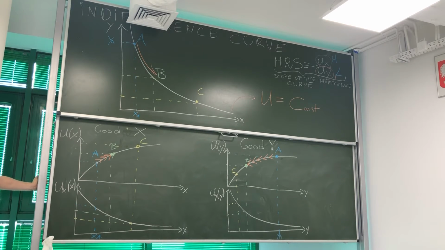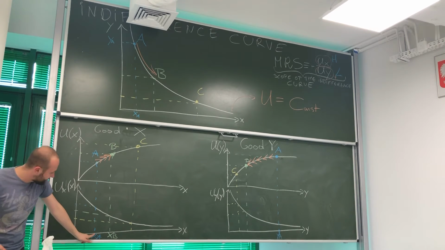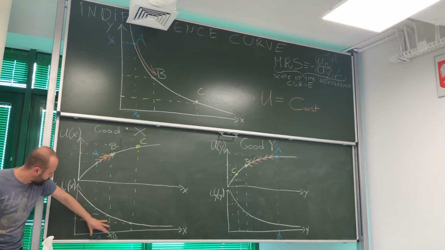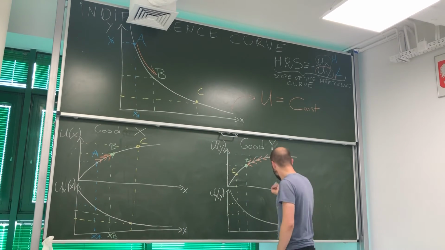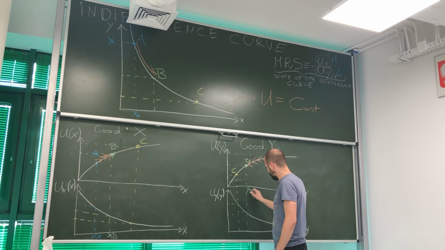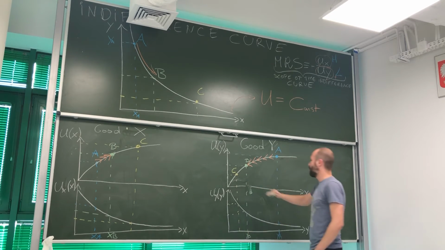So when we move from point A to point B, we see that the customer increased the possession of good X by definitely less than the customer decreased the possession of good Y.